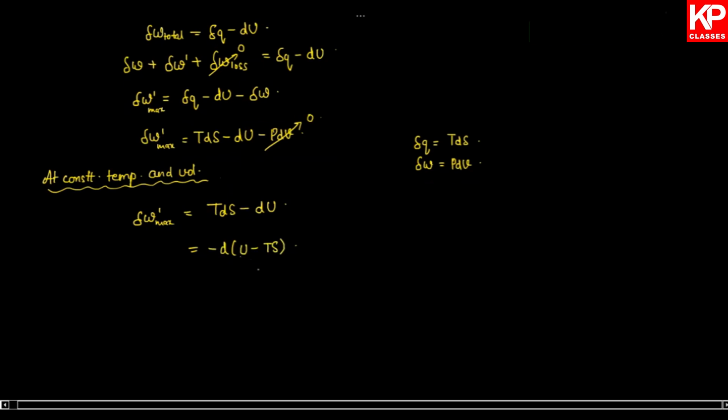We have seen this expression U minus TS is nothing but the Helmholtz free energy, represented by A. So del W dash max is equal to minus dA.